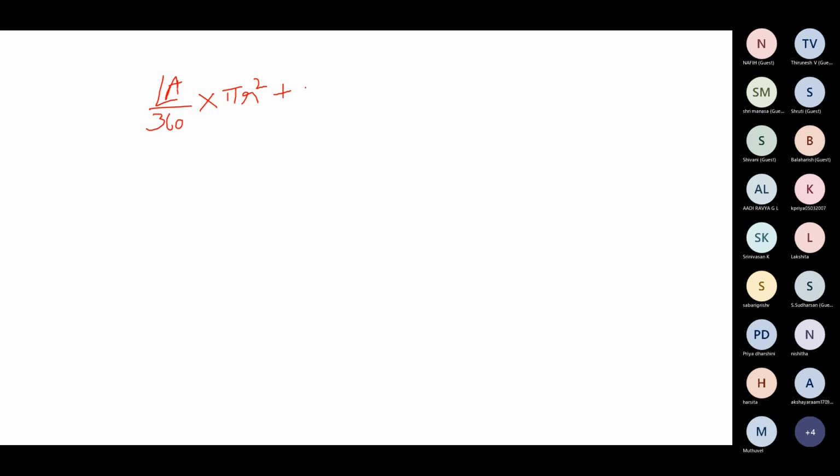One animal gets that area. Another animal will get angle B by 360 into pi r square. R is the same everywhere. And the animal tied at vertex C gets angle C by 360 into pi r square.